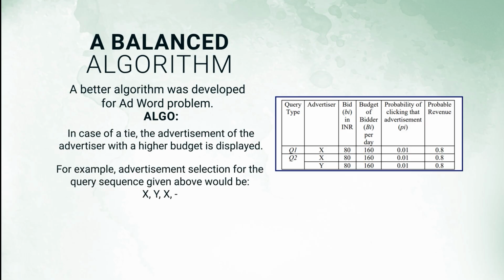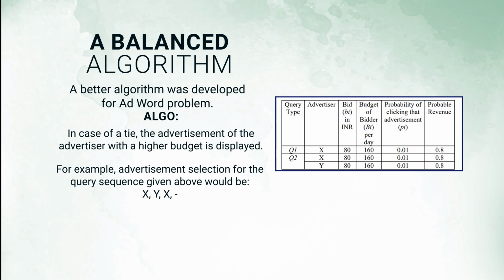The balanced algorithm, which is a better algorithm, was developed for the AdWords problem. So what is this algorithm? In this algorithm, in case of a tie, such as in the previous example, the advertisement of the advertiser with a higher budget is displayed. How has this been done?